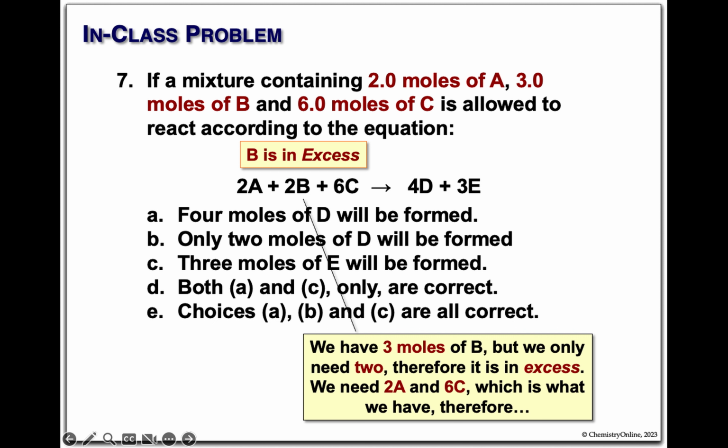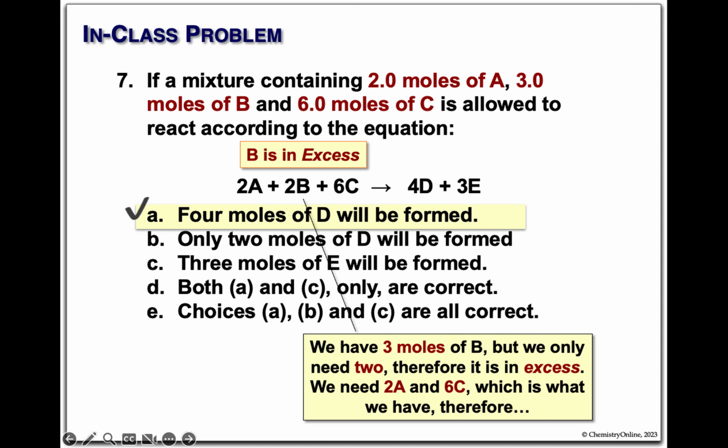So, 4 moles of D will be formed. Absolutely. Because we have everything we need to make 4. Only 2 moles of D will be formed. Well, it can't be both 4 and 2 at the same time, can it?